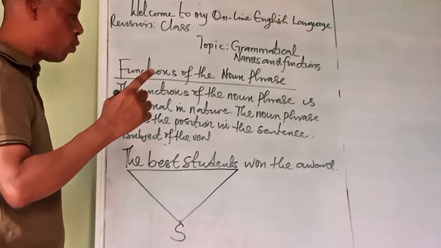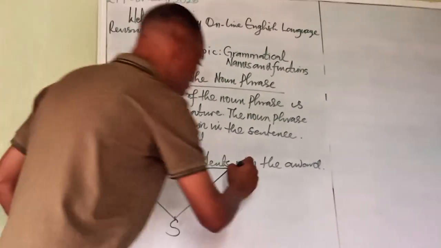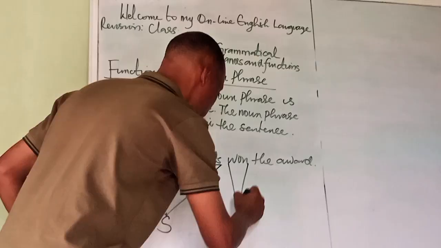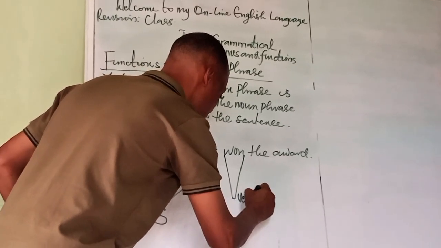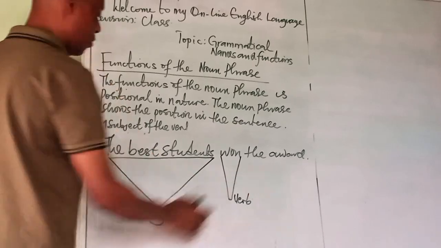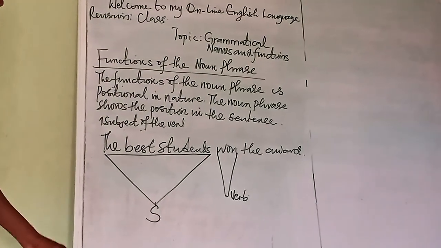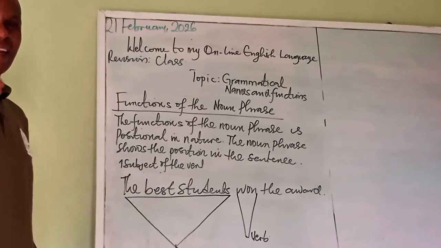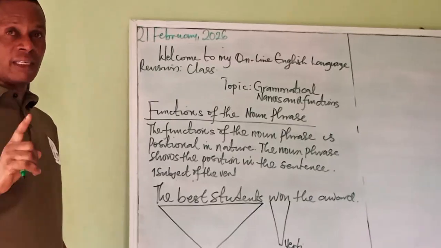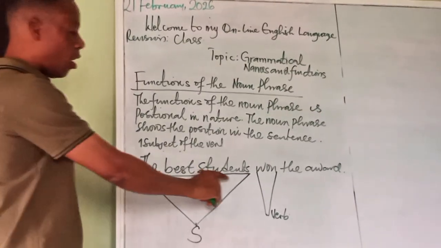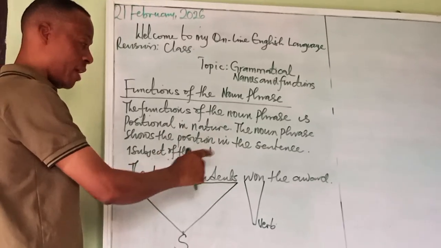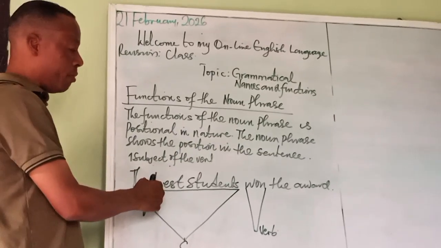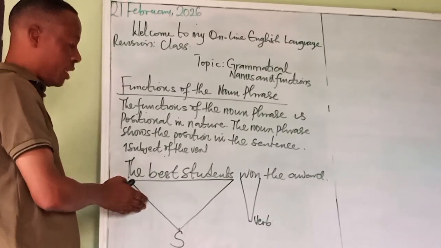And now we move on: which one is the verb in the sentence? Of course, this is our verb in the sentence. So we represent this as V, or we write it fully as verb. So we can see that when a noun phrase is the subject of the sentence, it comes before the verb in the sentence, and it's always occupying the subject position.